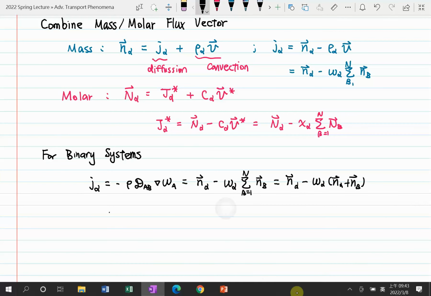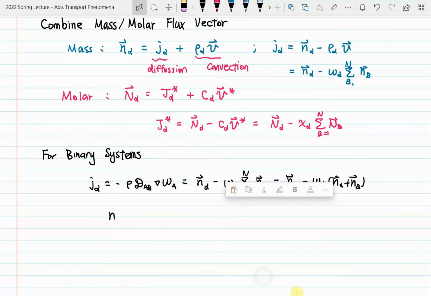So you can see that N, I think N A, or alpha. Let's correct this to NA. So NA now equals WA times NA plus NB for binary systems.